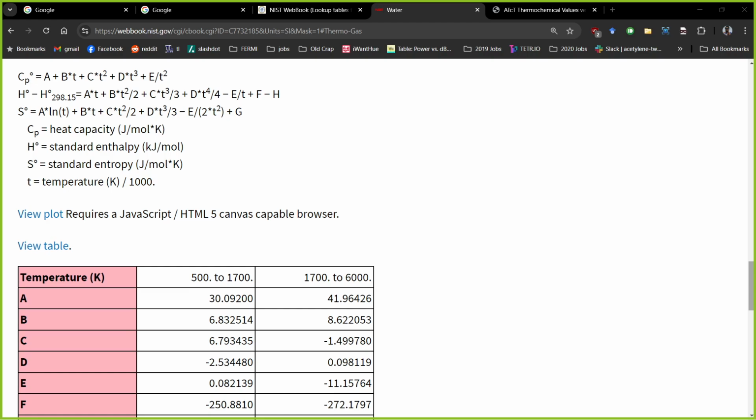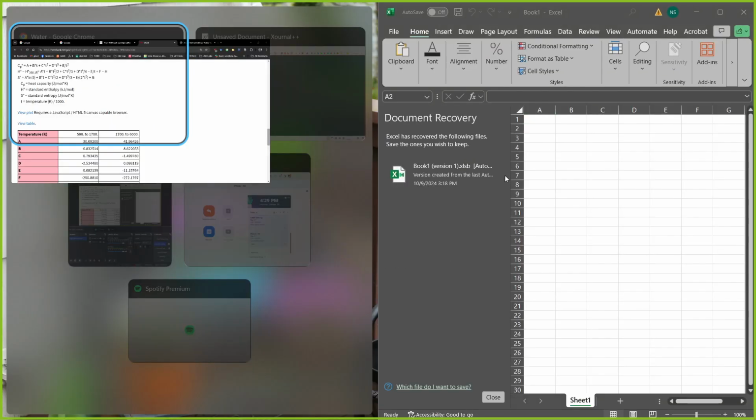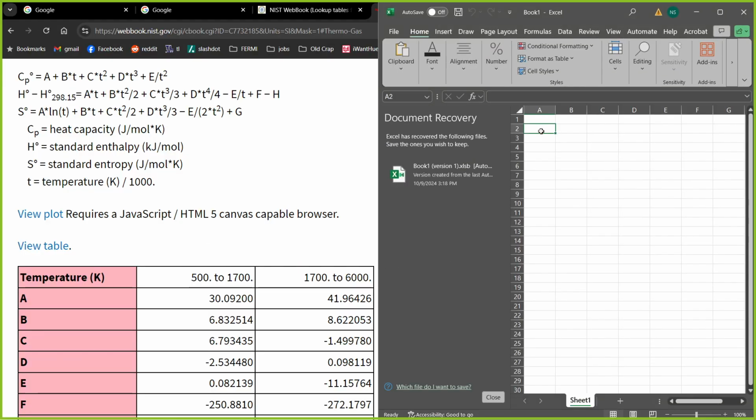So what we want to do is move this over here. We're going to have two molecules, H2O gas, with a value for A, B, C, D, E, F, and H, and then H2O liquid, with A, B, C, D, E, F, and H. And all I need to do is write these numbers down.